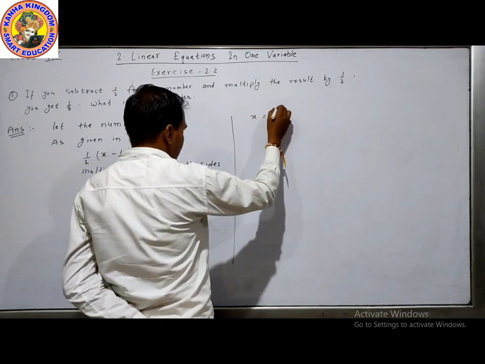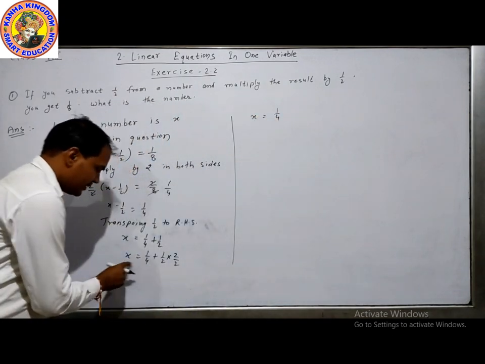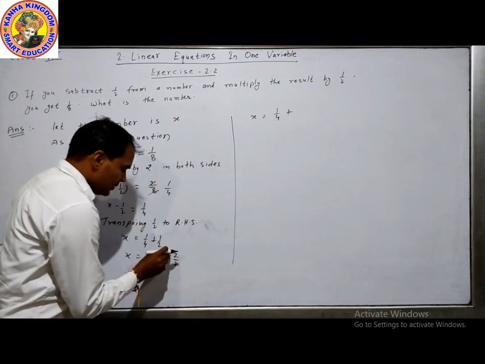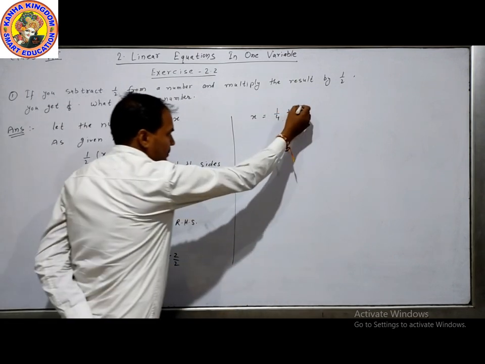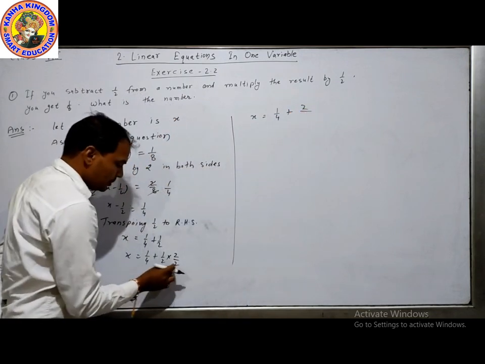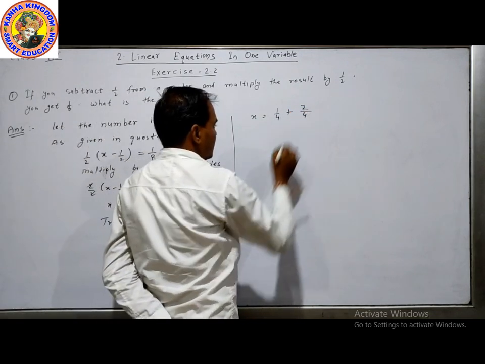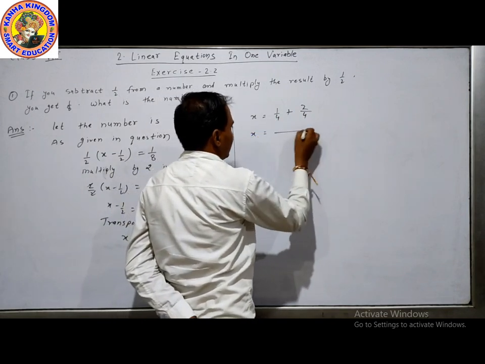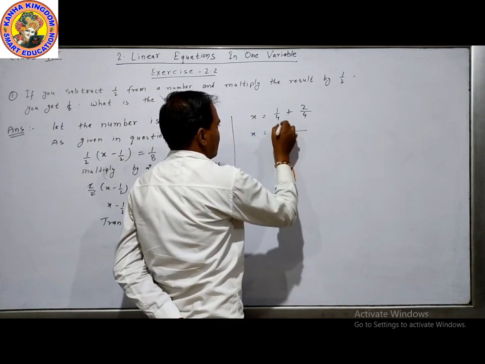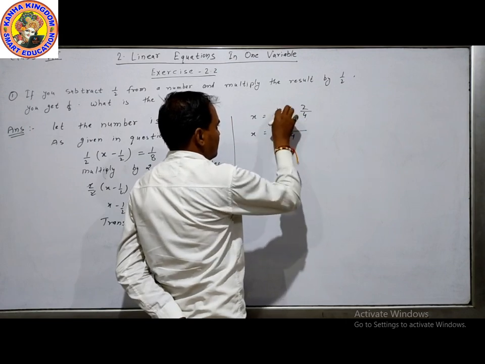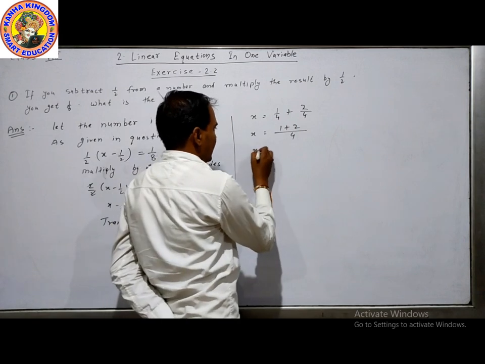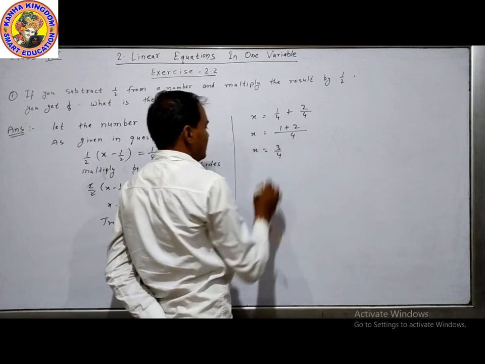x is equal to 1 by 4 plus, multiplying 1 into 2 is 2, and 2 into 2 is 4. The denominator part is equal, so we can add these numbers. 4 and 4, 1 plus 2. x is equal to 3 by 4.